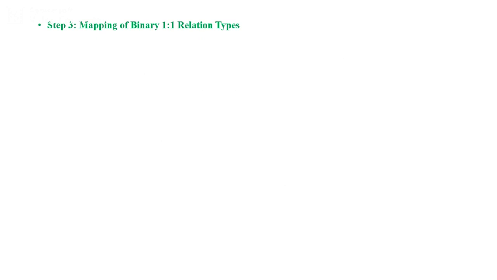The next step is step 3, mapping of binary 1:1 relationship types. Whenever there is a relationship type R in which two entities participate, we call it a binary relationship type.